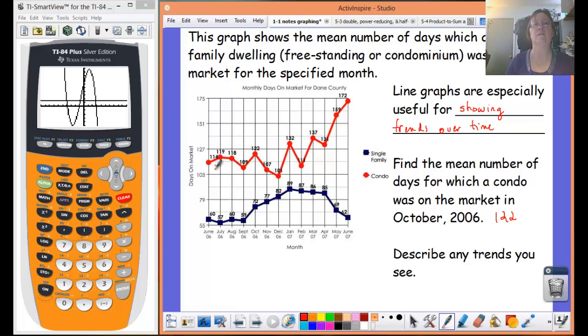I'll tell you what, if this is the number of days on the market, as you go through time, you can see that houses are selling faster. They're on the market less days. And at this particular time, condos were spending more and more time on the market. Condos were not selling well.